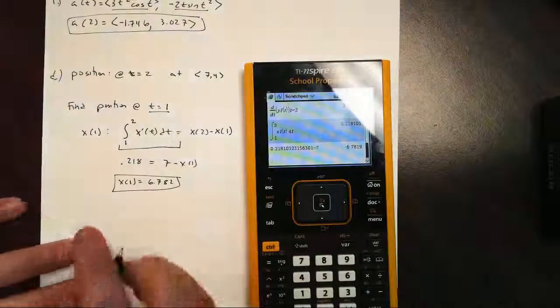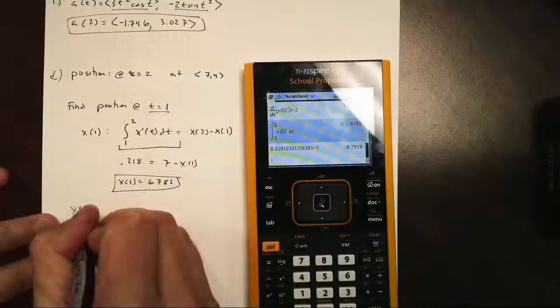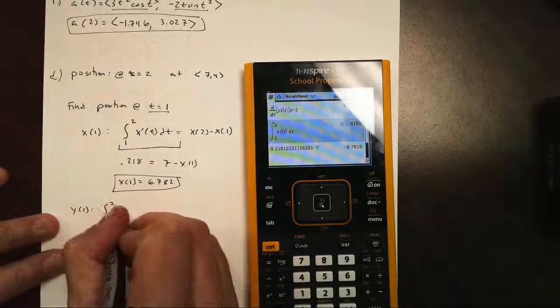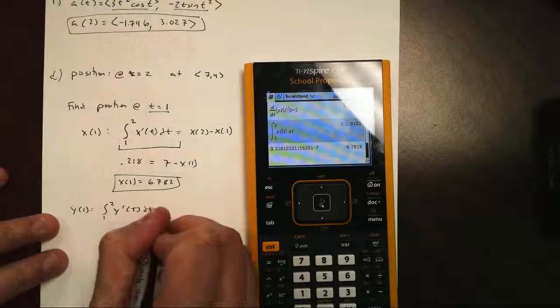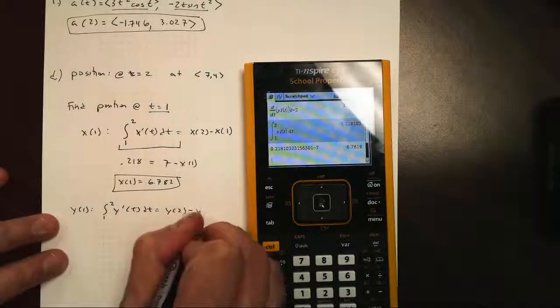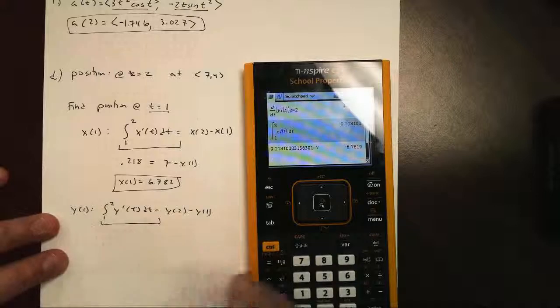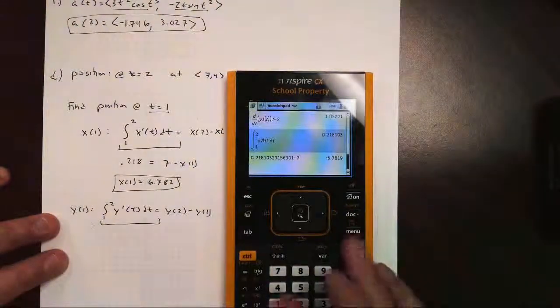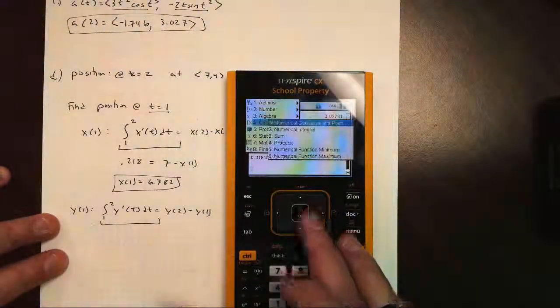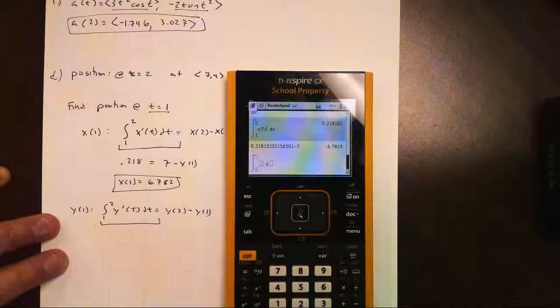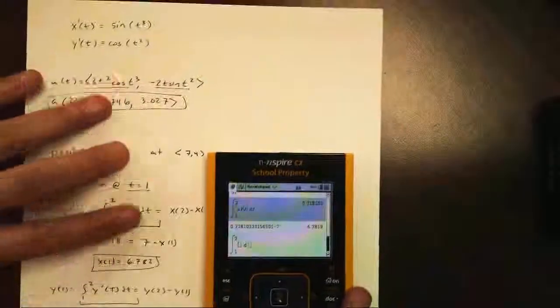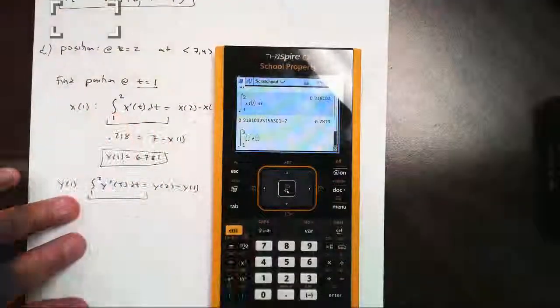So if I want to find the y1 position, 1 to 2, y prime of t dt equals y of 2 minus y of 1. And I can just type that in my calculator. So I go to menu, calculus, numerical integral from 1 to 2. Now again, I can just type in my derivative equation, or I already have it typed in into my graph.